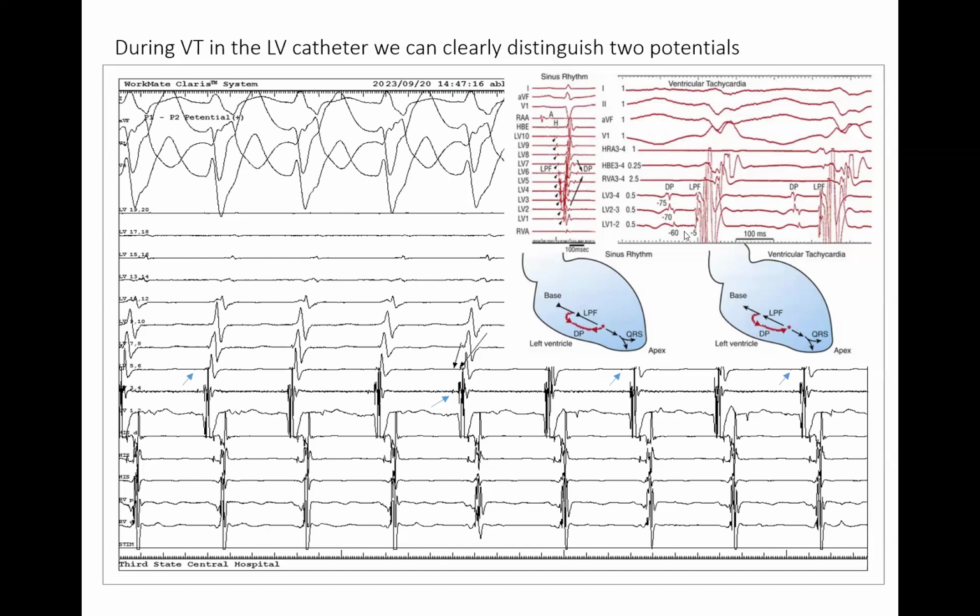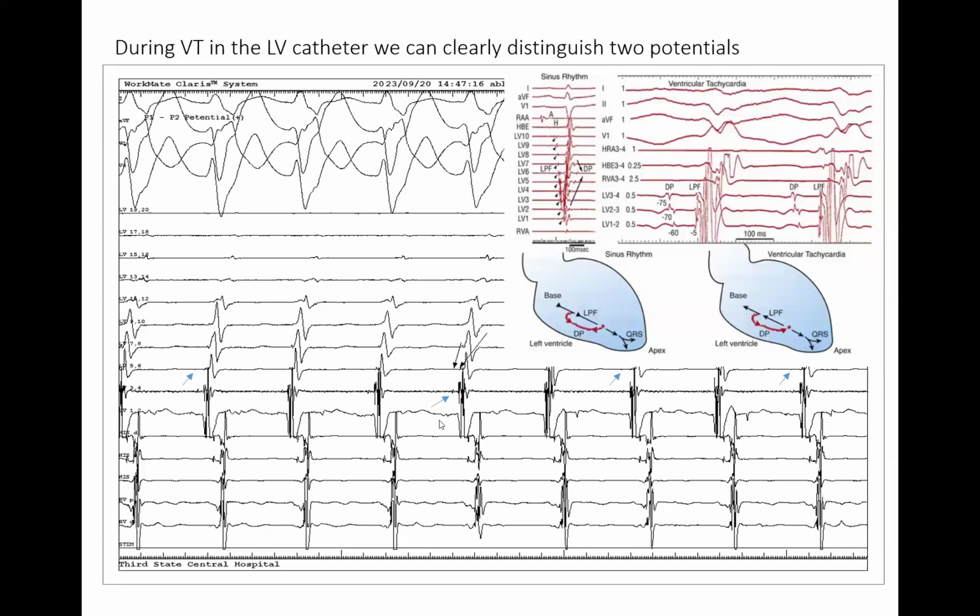So we have to find this diastolic potential and this left posterior fascicular potential, as shown here. I thought this is my diastolic potential, and this is our fascicular potential, more prominent and closer to the ventricular potentials.